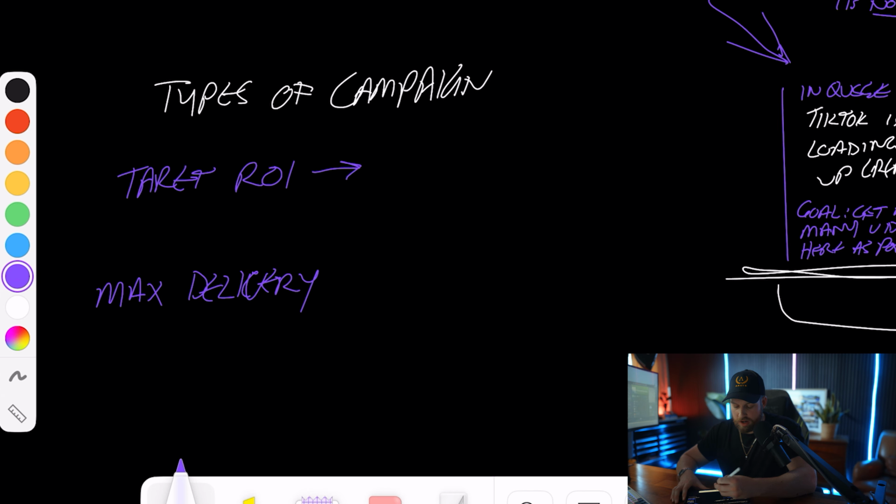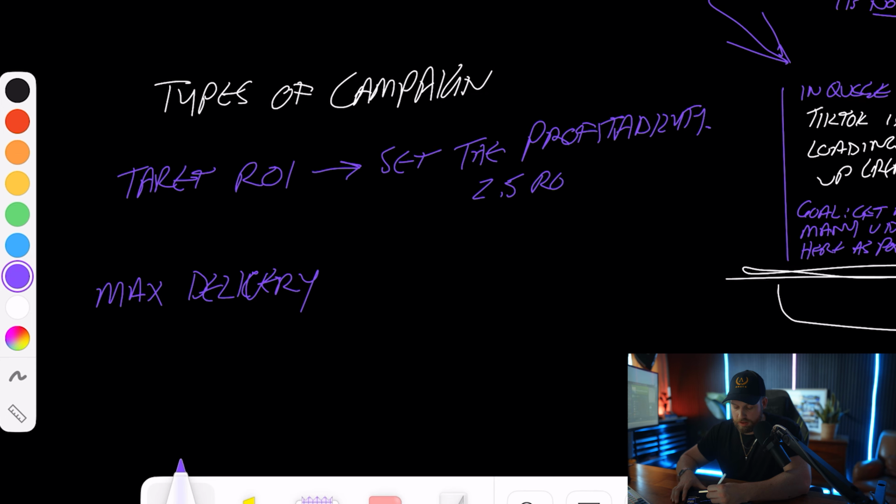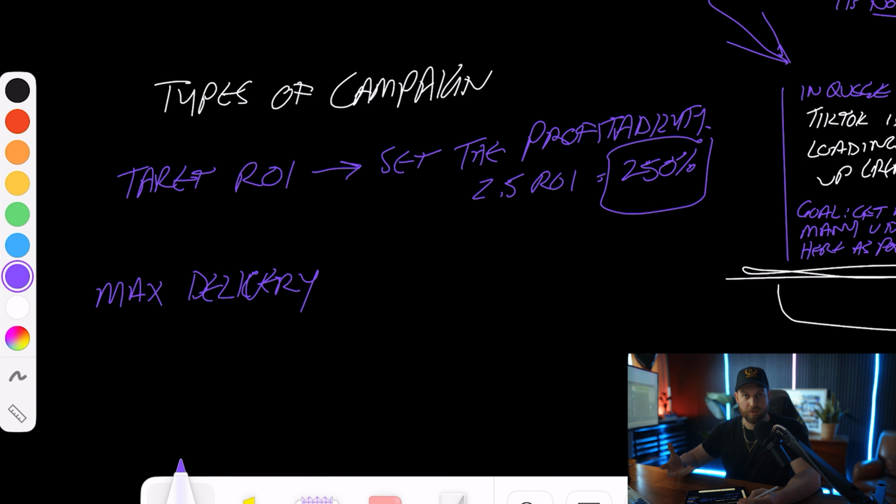So in a target ROI scenario, we can set the profitability, essentially. Say we want to set a 2.5 ROAS, right? So 2.5 ROI, this would equal 250%. So the way that you put in the information is similar to how you do Google Ads, where you set a target ROAS in Google with a percentage. That's the equivalent of what the ROI is as well. And that's how you set up your campaign.